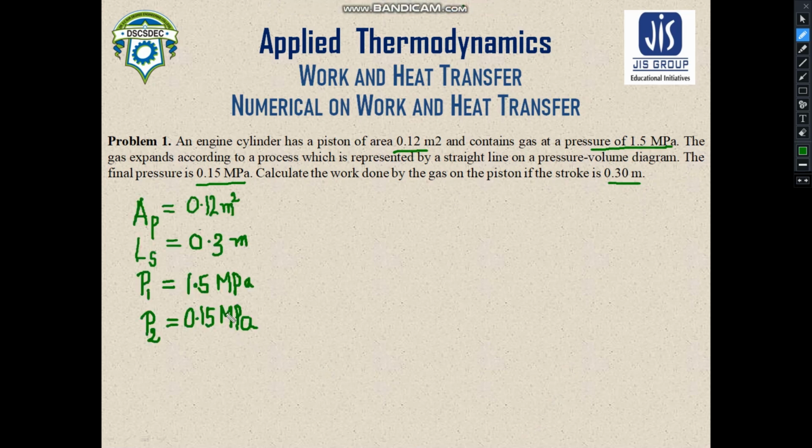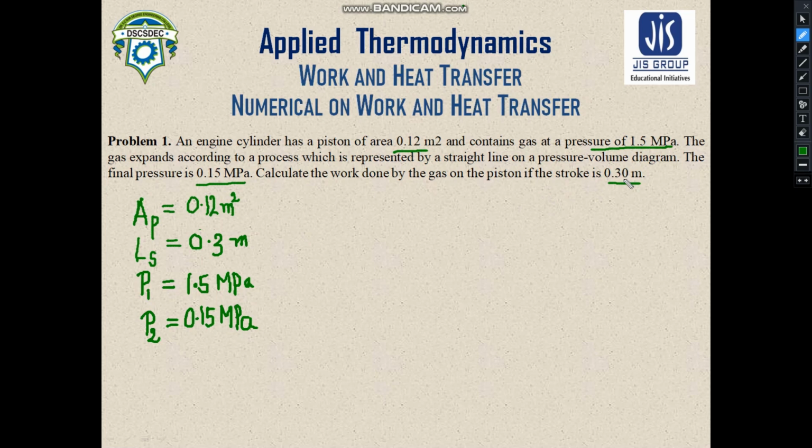As you can see, I have written down all the information available from this problem. The area of the piston is 0.12, the initial pressure is 1.5 megapascal, the final pressure is 0.15 megapascal, and the length of the stroke is 0.3 meter.